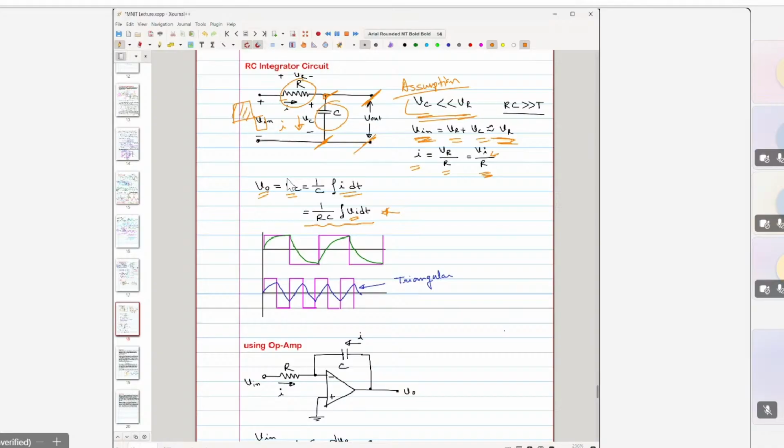But you can't build the charge across a capacitor all of a sudden. It takes some time to charge the capacitor.